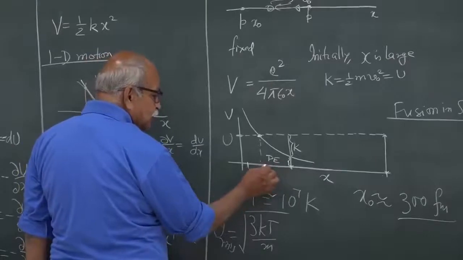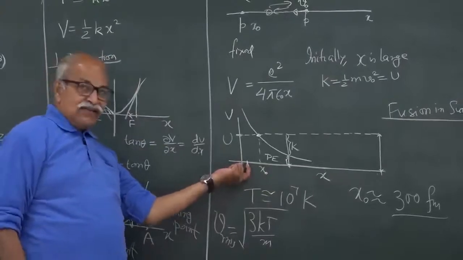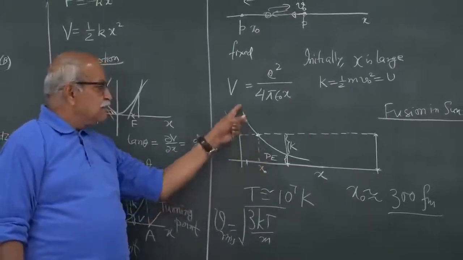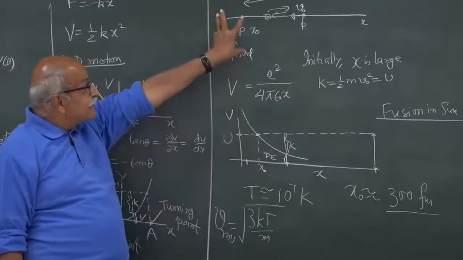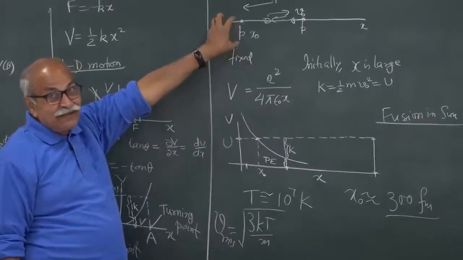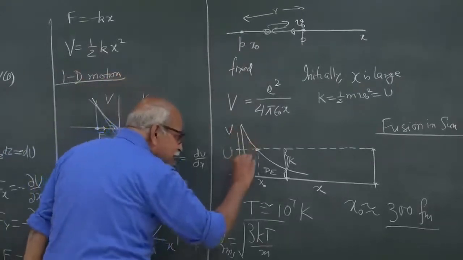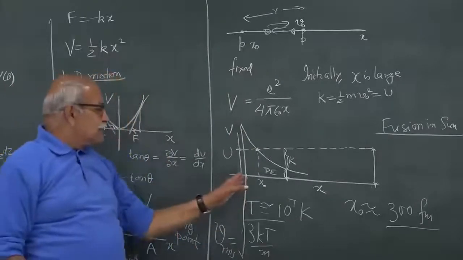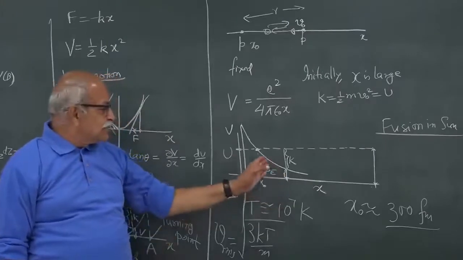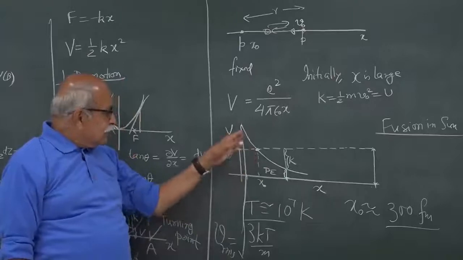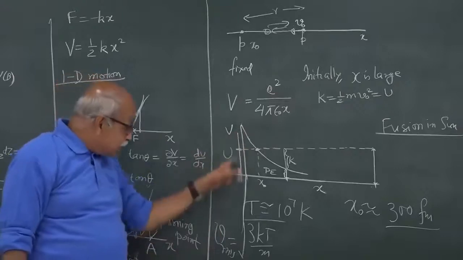If the separation is in the femtometer range, then on top of this Coulomb potential energy you also have potential energy corresponding to the nuclear attraction, and that is very strong in the femtometer region. So this curve actually goes like this. This is the nuclear attraction range where the potential energy has sharply gone down. The Coulomb potential energy is increasing, but it is sharply going down, and it overtakes this Coulomb energy, and the final potential energy is of this type.